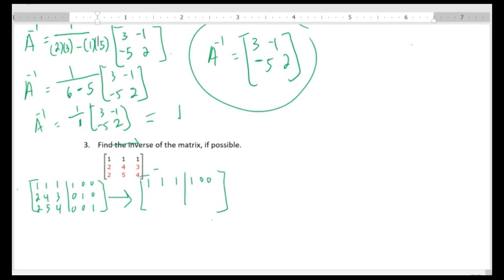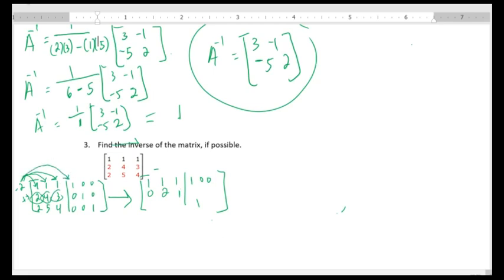And then I'm going to multiply the first row by a -2. And then I'm going to add it to row 2. So -2 times 1 is -2, plus 2 is 0. -2 times 1 is -2, plus 4 is +2. -2 times 1 is -2, plus 3 is 1.